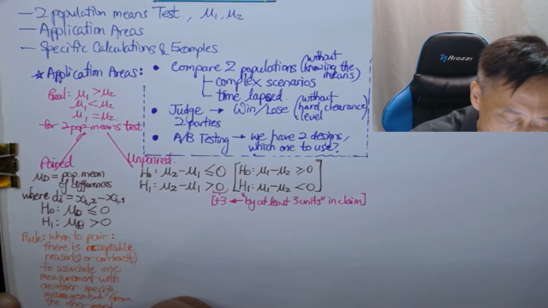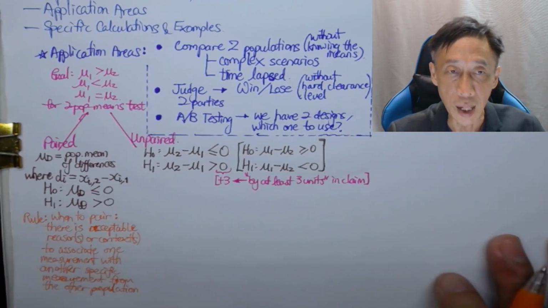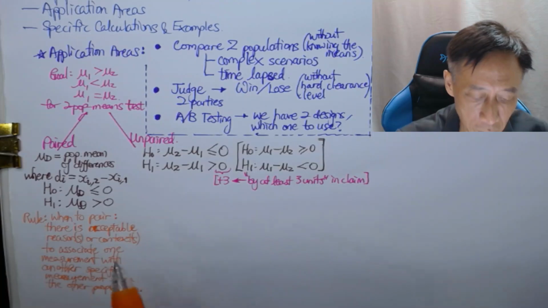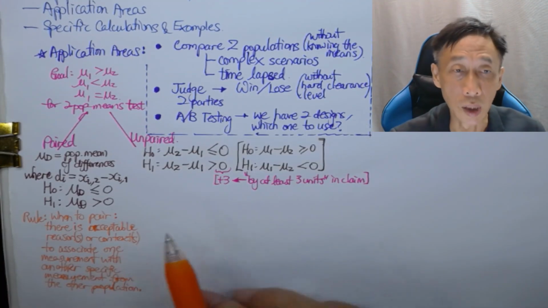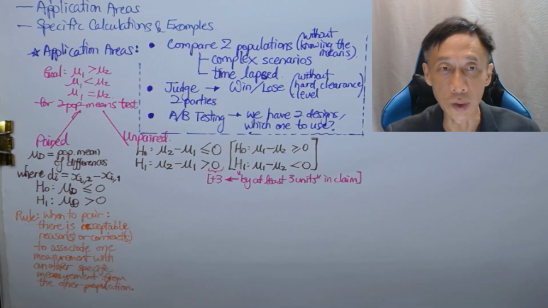So by way of example, I have given being from the same family. That's the reason or context, right? That is very acceptable. That is allowing us to defend ourselves.